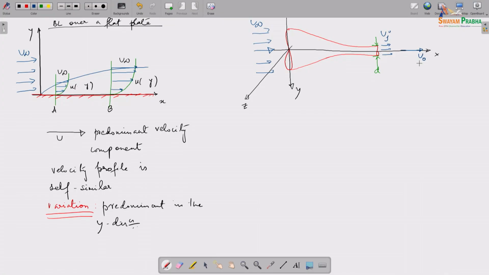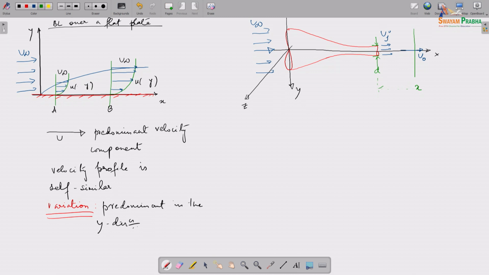So here too we do have a velocity, u naught, that's how we were defining it, and then we have a jet spread, which is how far the jet spreads at any x. So this is an x which I am defining somewhere from here.